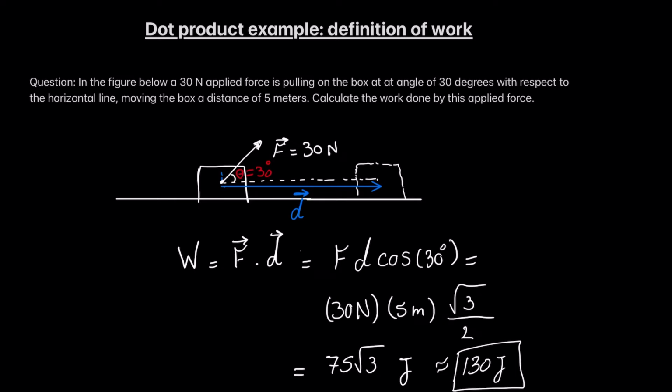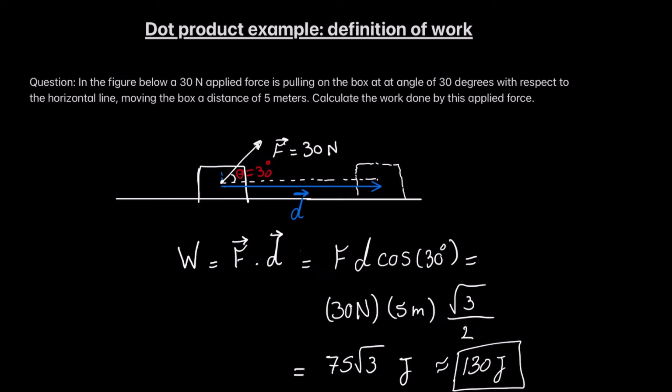As you can see in the diagram, we have the force drawn at an angle of 30 degrees with respect to the horizontal, and the displacement vector here is d. Work in physics is defined as force, denoted here with capital F, dotted with d, which is the displacement vector.